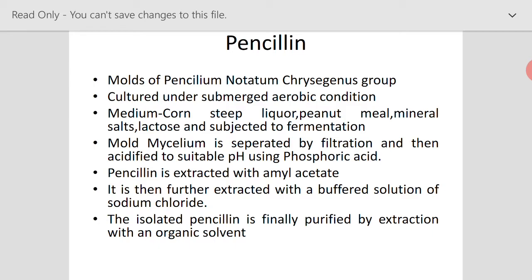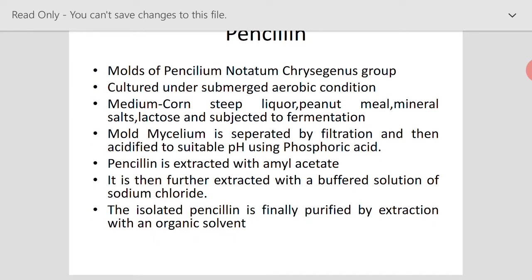The basic process involved in the manufacture of all these antibiotic drugs is the fermentation process. Once after this fermentation, the mold mycelium is separated by filtration and then acidified to a suitable pH using phosphoric acid.